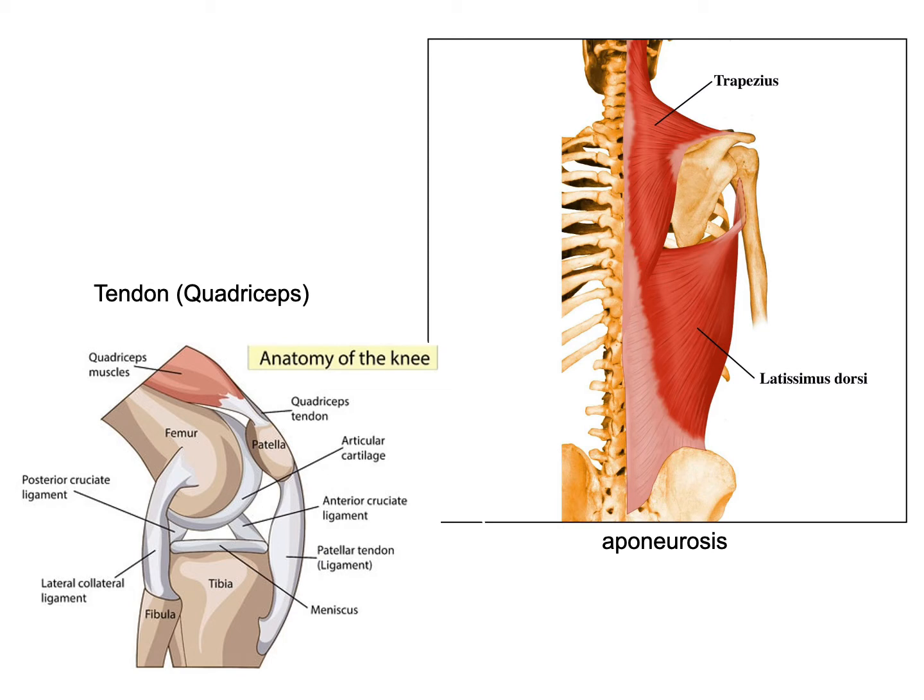Quick review right here, anatomy of the knee. Here's a quadriceps muscle, you know your quads. And that tendon actually comes all the way down here and attaches at your tibia. Here's a bone living inside of a tendon. What kind of bone is that? Yes, its name is the patella. But from the bone chapter, do you remember what that's called?